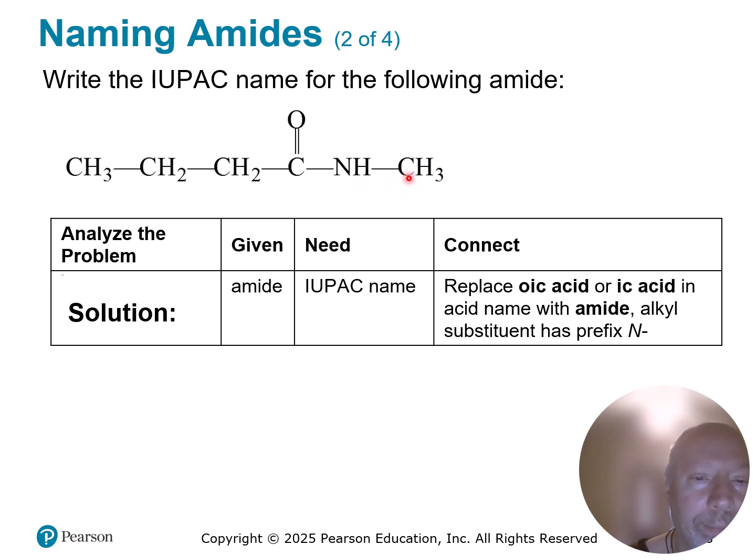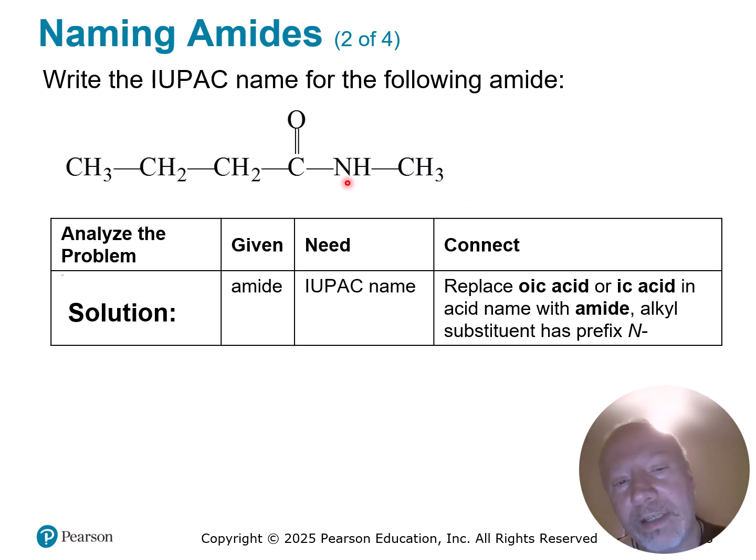So we know it probably came from a primary amine, which reacted with this carboxylic acid. And so when we write this, as the parent name we're going to want to call this butanamide, right? Instead of butanoic acid, it's going to be butanamide because we have to account that now it's an amide, not a carboxylic acid.